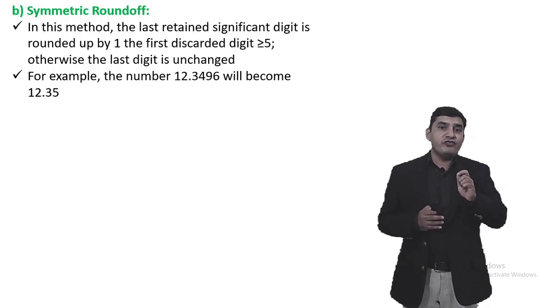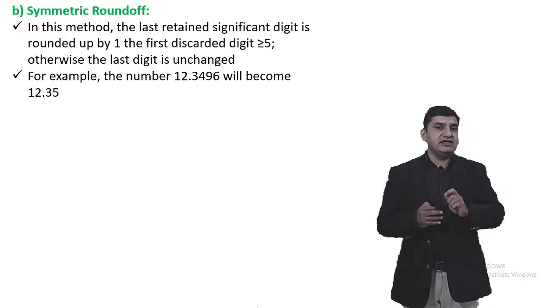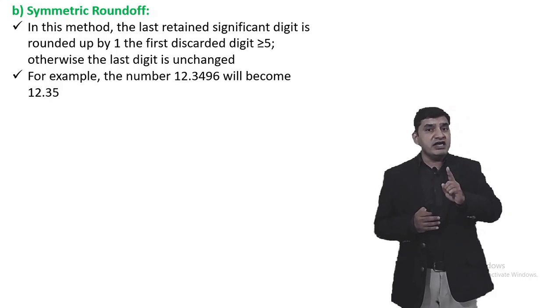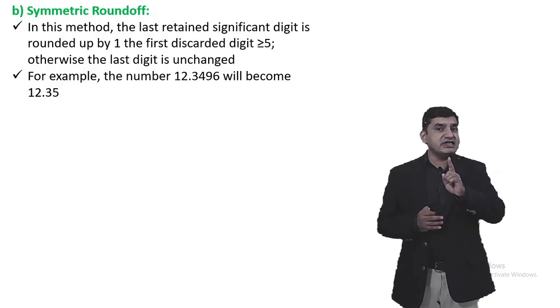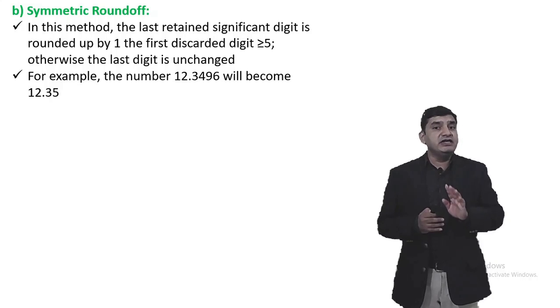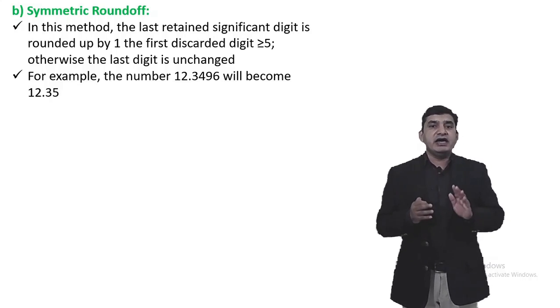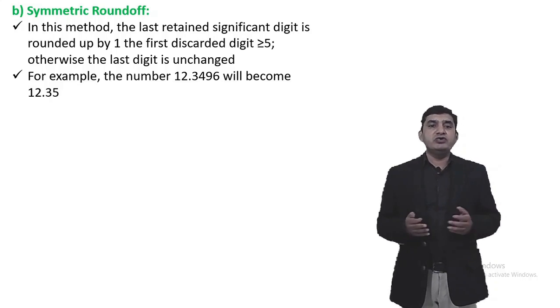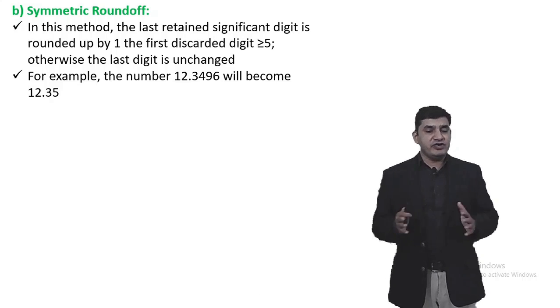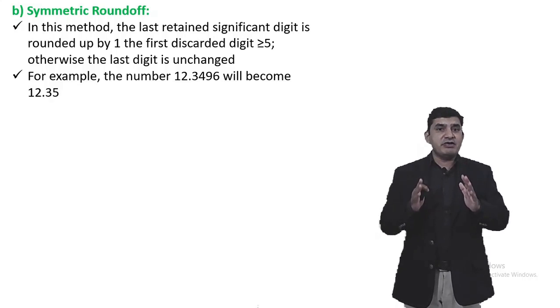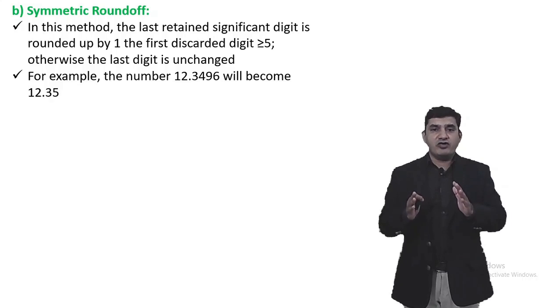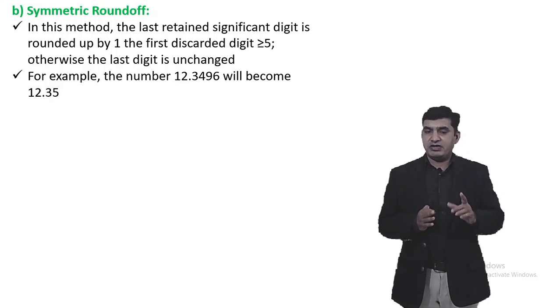Now 4 is the second significant digit, and when 1 is added to it, it becomes 5, and we get the value 12.35. So this is symmetric round-off. Very simple.